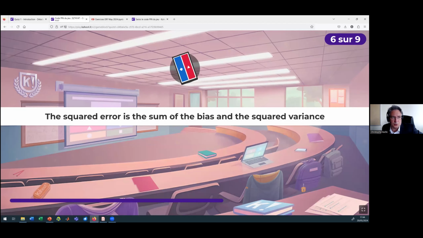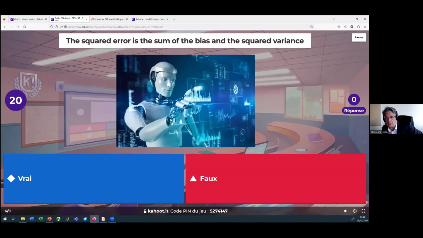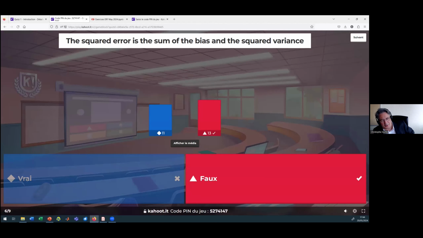The squared error is a sum of the bias and the squared variance. This is false. It is the sum of the squared bias plus the variance. The bias is the one introduced as a square in the squared error.